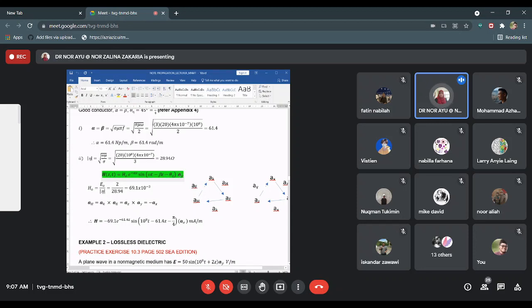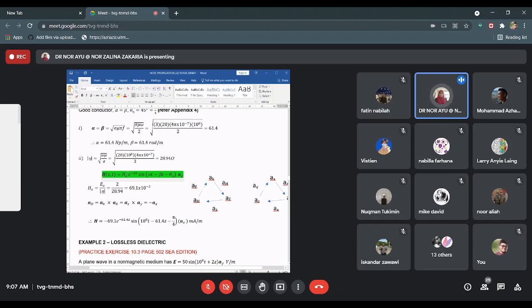This direction will be determined later, so just put a_y first. Later when we find it, then we put whether it is really a_y or not.